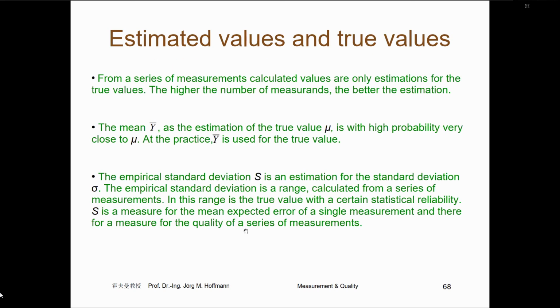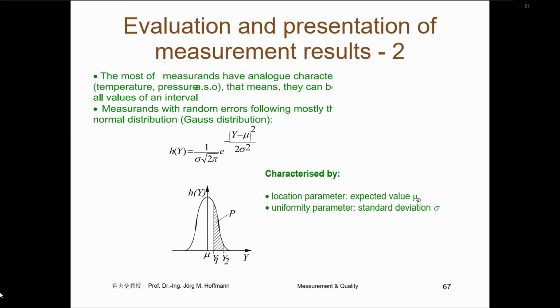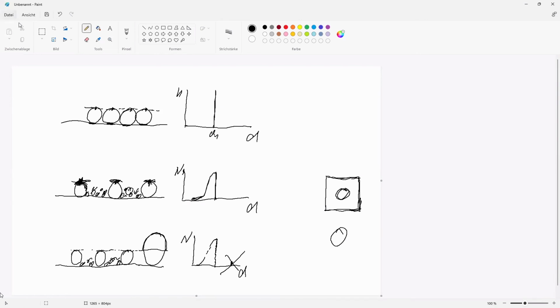And here is a very important point: we have estimated values and we have true values. I have written here mu and the standard deviation, but I make it on this example with the mu. The expected value mu we can never measure. What we can measure is a mean, but not the expected value. And that I would like to show you.